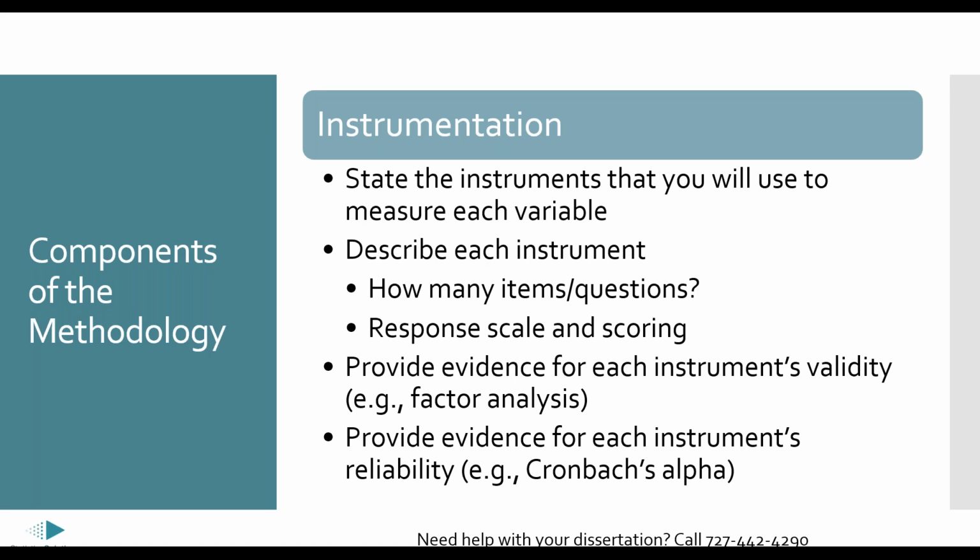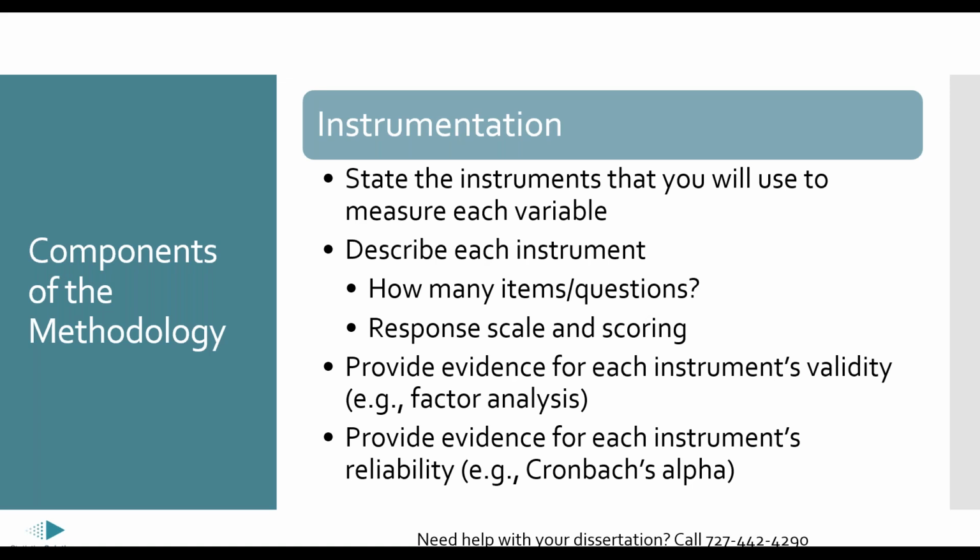So if you're doing something like a survey study where you have different survey instruments that measure different variables of interest, in this section, you want to describe each of those instruments. And you want to be very detailed about the information that you present for each instrument. And you want to make sure that there is an instrument presented for each variable in your study.